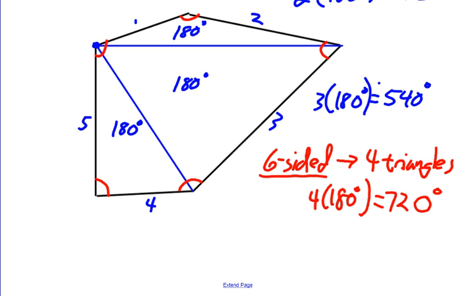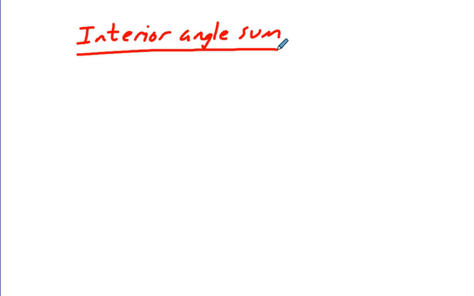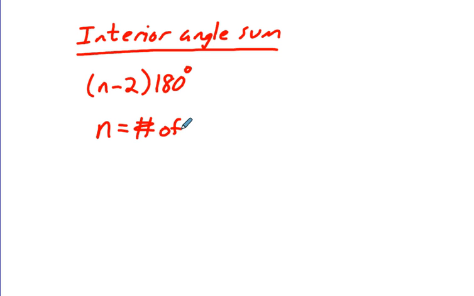Our formula is going to look like this. The interior angle sum of any convex polygon can be found by the formula (n minus 2) times 180 degrees, where n is the number of sides.